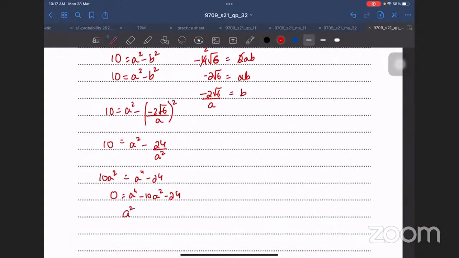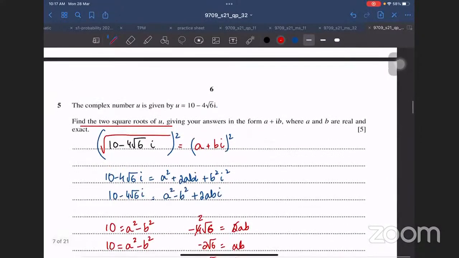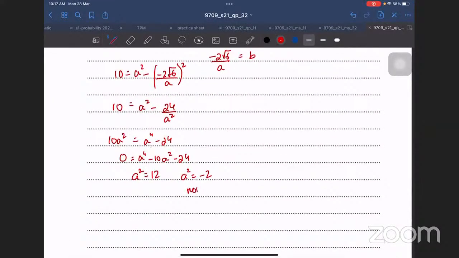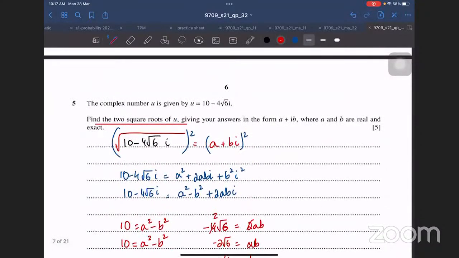So a squared equals 12 and a squared equals minus 2, right? Okay. So this can't be possible because a has to be real and exact. So a is therefore plus minus 2 root 3.